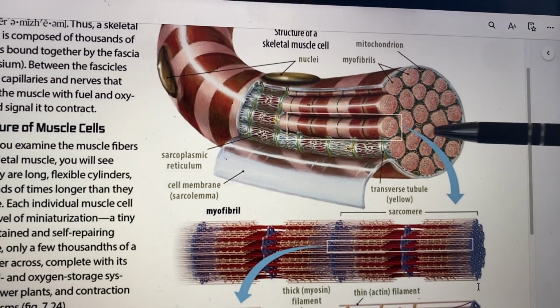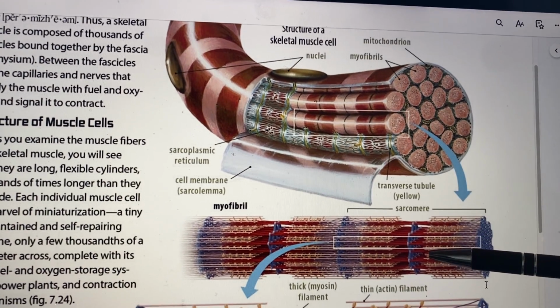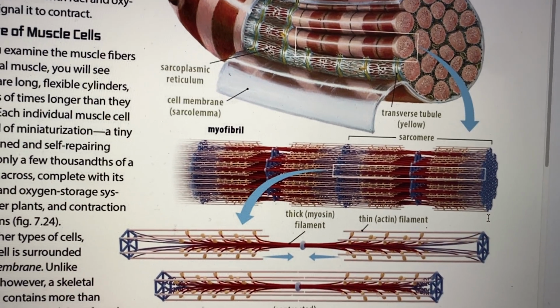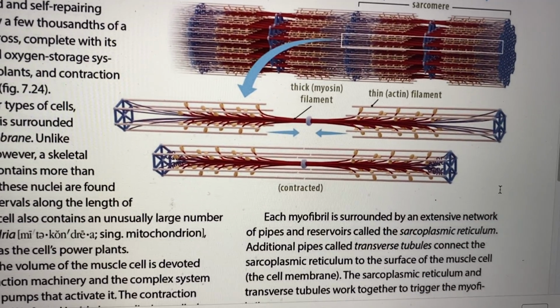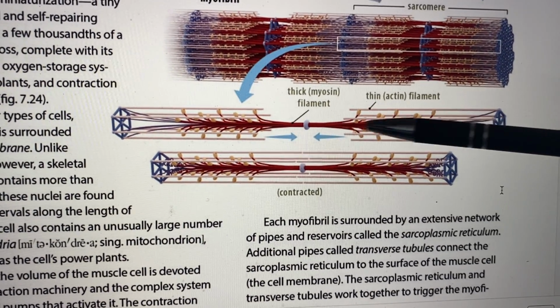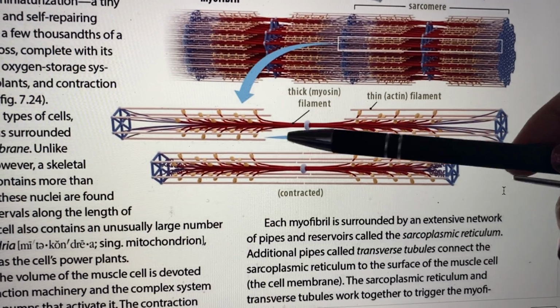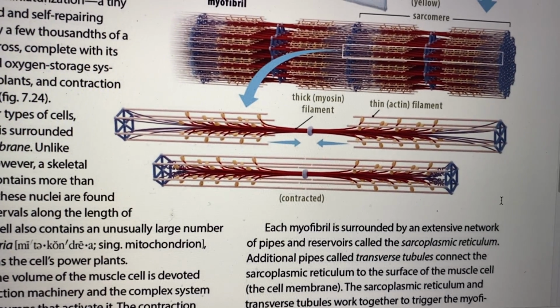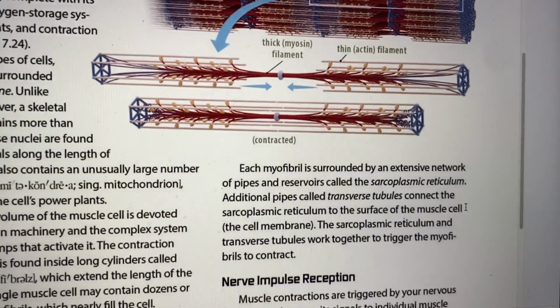And remember, this here is magnified from this little section to this section of the myofibril in the cell. What a complex muscle cell. It's contracting, the actin and the myosin pulling together and contracting in the midst. And they have to be ignited by a nerve cell to do this.